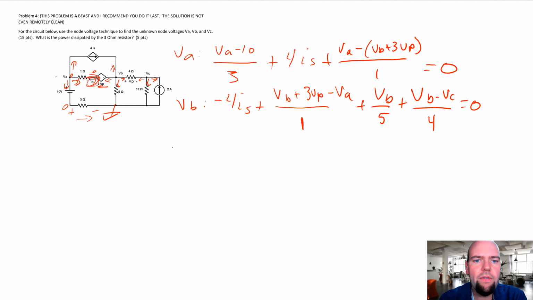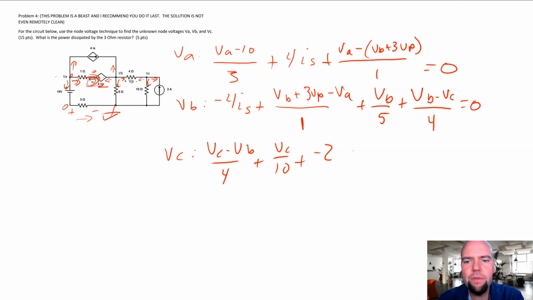And then lastly for VC, we have VC minus VB divided by 4, plus VC over 10, plus negative 2. VC was the only one that was normal. This is a tough problem.